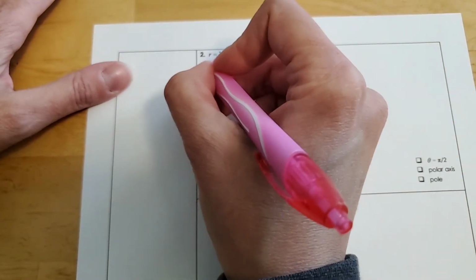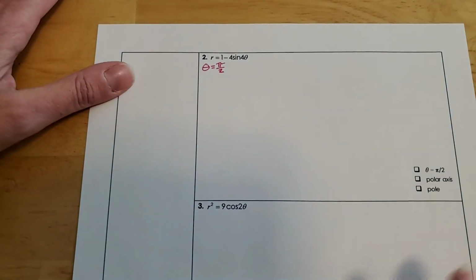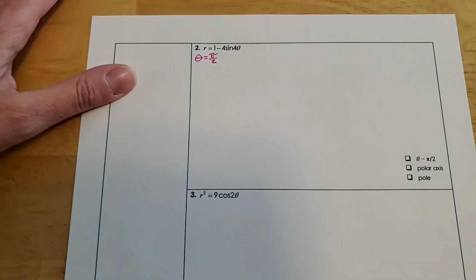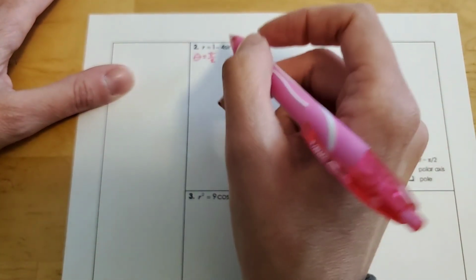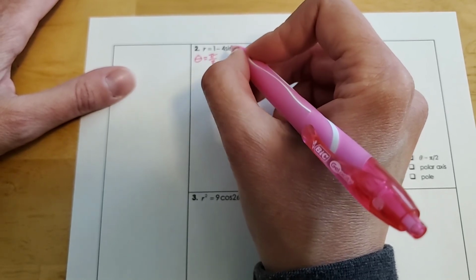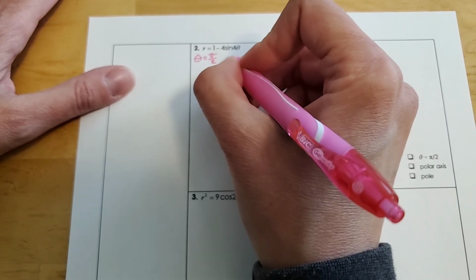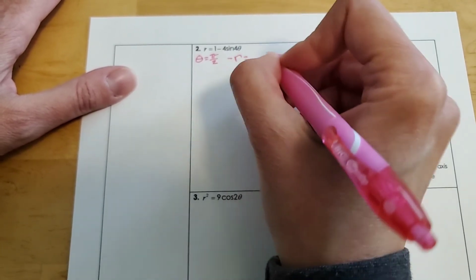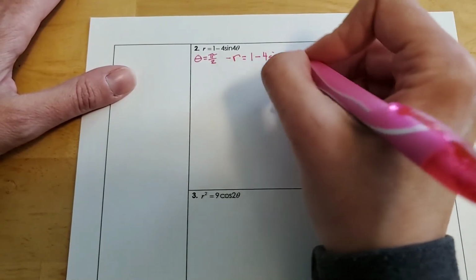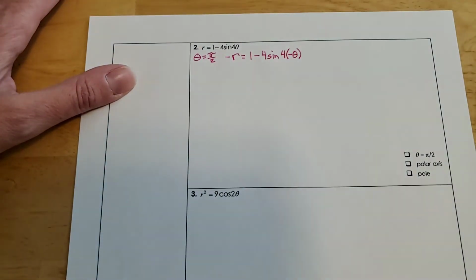And so when we test, we're going to be utilizing our odd function properties here, because sine is an odd function. All right, if we're going to test this, and you might want to have the first side handy, we're going to put in the ordered pair negative r comma negative theta. So negative r equals 1 minus 4 sine of 4, and then negative theta.